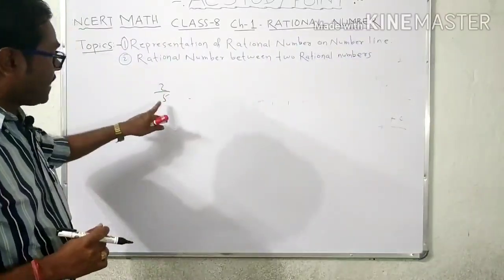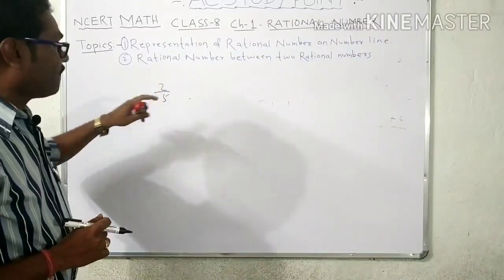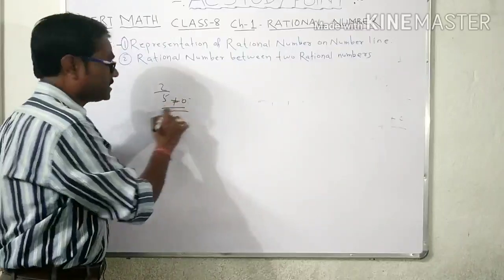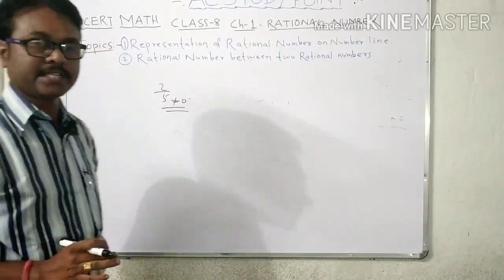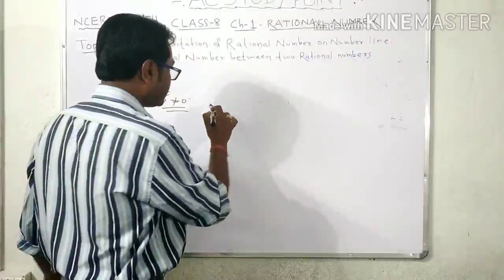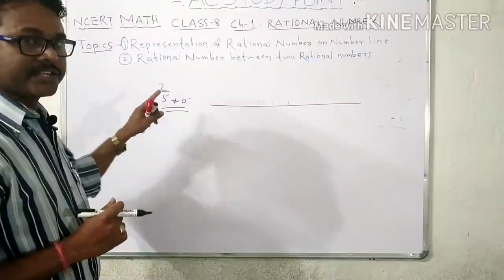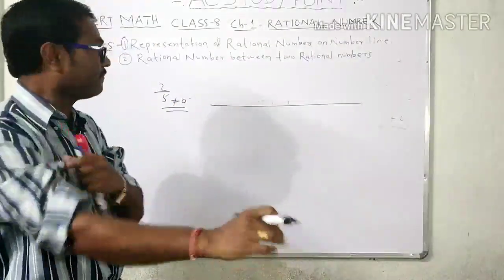It is a rational number because 2 is an integer, 5 is an integer, and q is not equal to 0. So how do we represent it on the number line? This 2 by 5 is a fraction, which means it is less than 1.